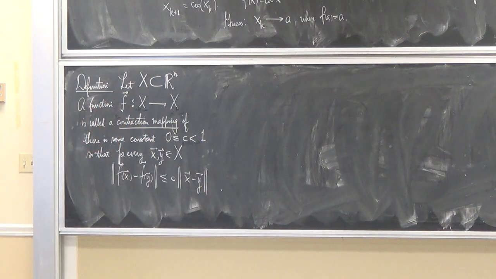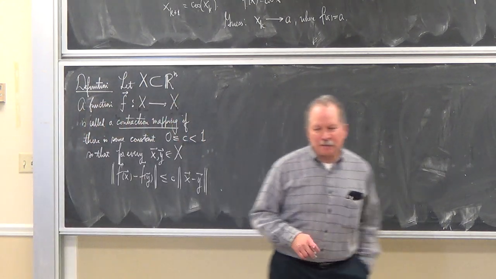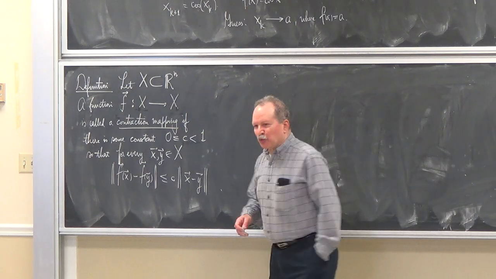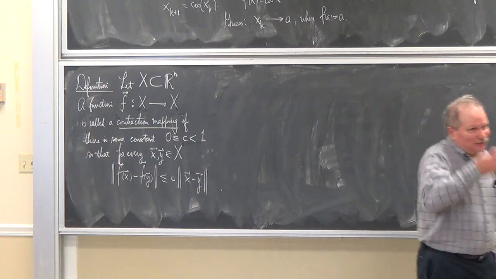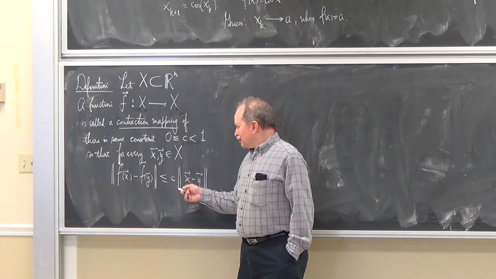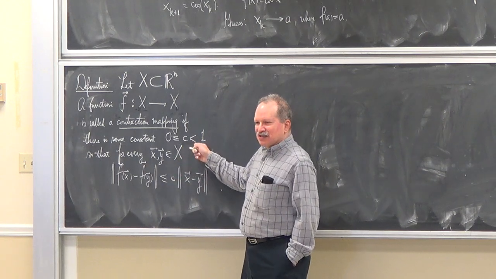So there's a single number c. There's a single number c that works universally for everybody. Now, one of your homework problems that's due, presumably Wednesday, is asking you to pay attention to how important it is that this c be less than 1.